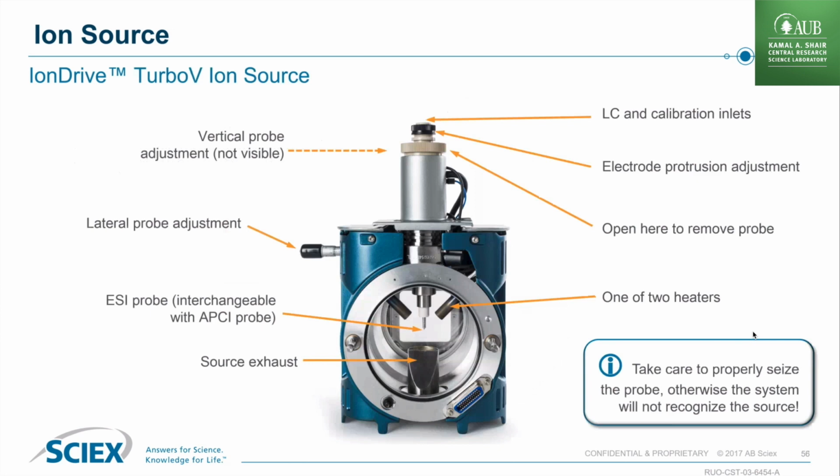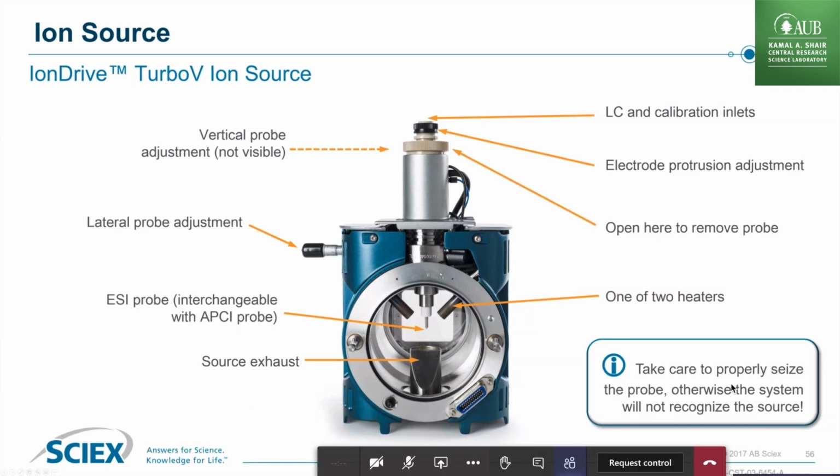So this is the source, let's say, removed from the instrument and turned 180 degrees. So you're actually looking into the part of the source which would be attached to the instrument. This black ring here makes a seal with the instrument itself. Here are the connections for the LC and the calibrant up at the top.